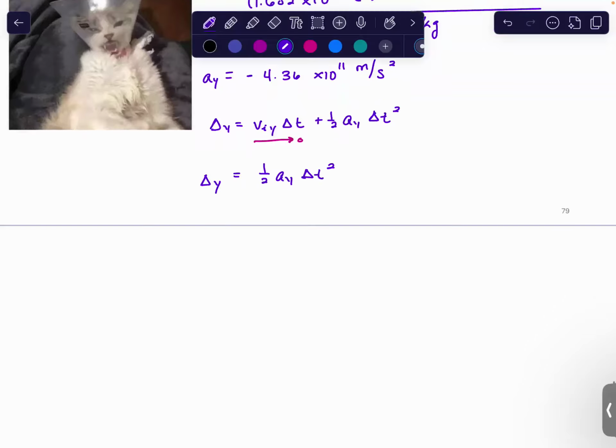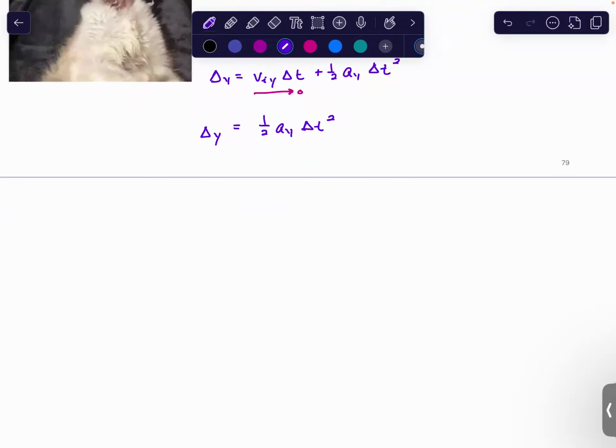And so now we can take the numbers we just calculated and put them in here. Meters per second squared.